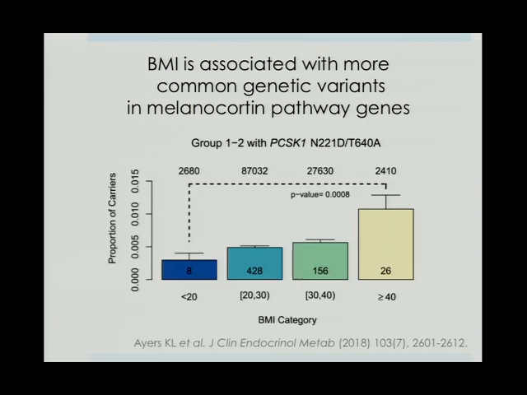You can clearly see that there are way more obese people with common genetic variants in this pathway than in lower BMI categories. So this is way higher than this. This suggests that the genetics that contribute to BMI, even in people without Mendelian inheritance patterns for obesity, are important.